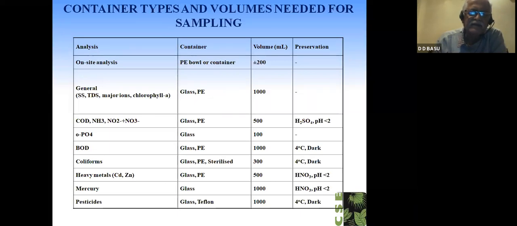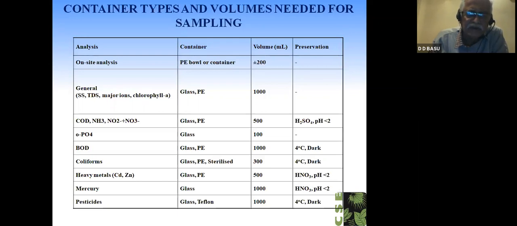For on-site analysis of pH, a bottle or container of plus minus 200 volume. For SS and TDS, 1000 milliliter volume, glass or polychloride. For TKN, COD, ammonia, nitrate, you go for glass, and P 500. Phosphate is in a polyethylene bottle actually.